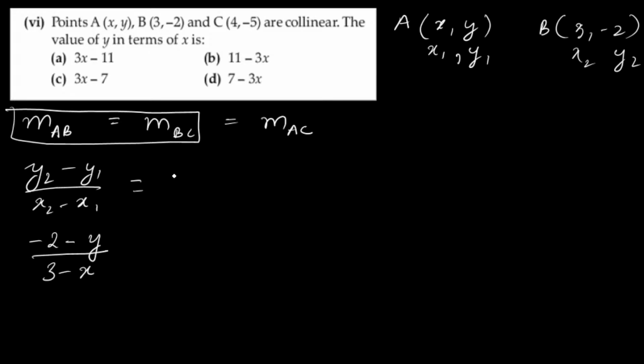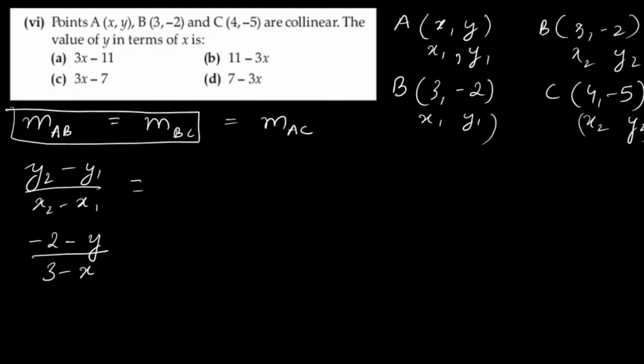Now let's find the slope of BC. For this we use the coordinates of B and C. B is (3, -2) and C is (4, -5). We consider B as x1, y1 and C as x2, y2.